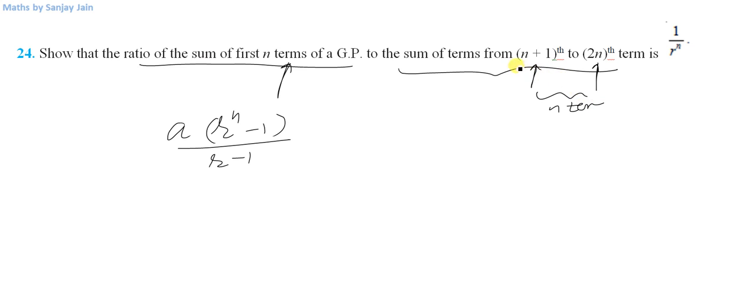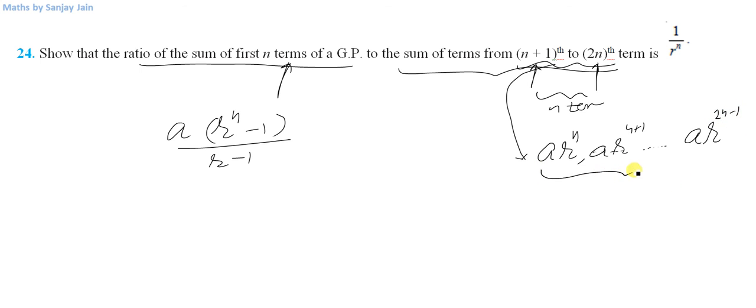The first term of this sequence will be the (n+1)th, so a r^n will be the first term, and then it will go like this: a r^(n+1) and so on till the 2nth term. What will be that term? a r^(2n-1).